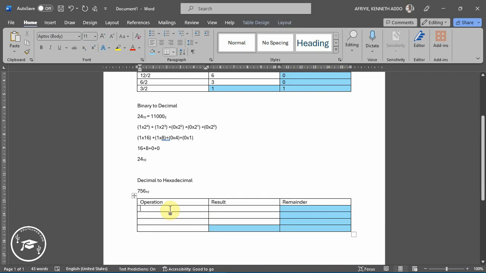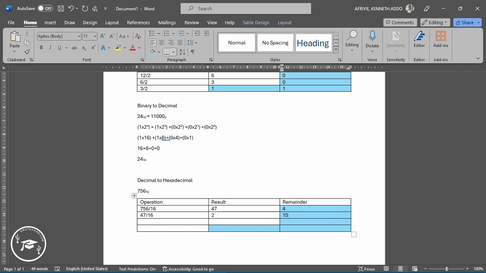Great. So we pick our 756, we divide by 16. What is the result we get? 47. 47 remainder what? 4. So we take the 47, 47 divided by 16. Then what do we get? 2. 2 remainder what? 15.